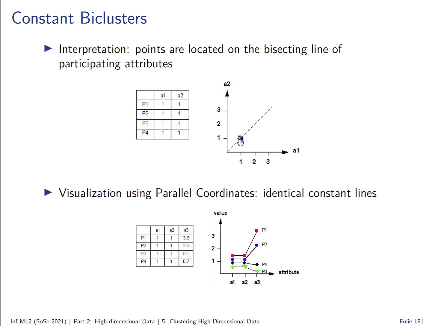This specific point is located on the bisecting line of A1 and A2. Why is that the case? Because it's always 1, 1 or 2, 2 or 5.5, 5.5. So it's always on one of these points on this bisecting line.